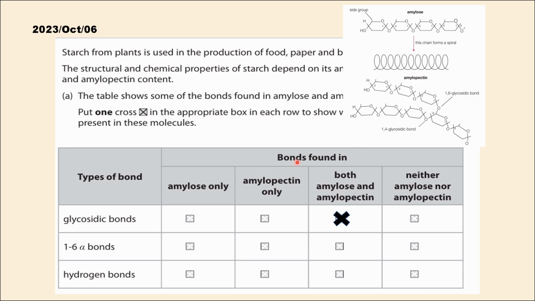But in the exam, they have been modified to 1,6-alpha bonds to emphasize the involvement of alpha glucose. So, moving forward, when referring to 1,6 glycosidic bonds, you can specifically call them 1,6-alpha bonds. And these bonds are found only in amylopectin, so the correct answer is amylopectin only.